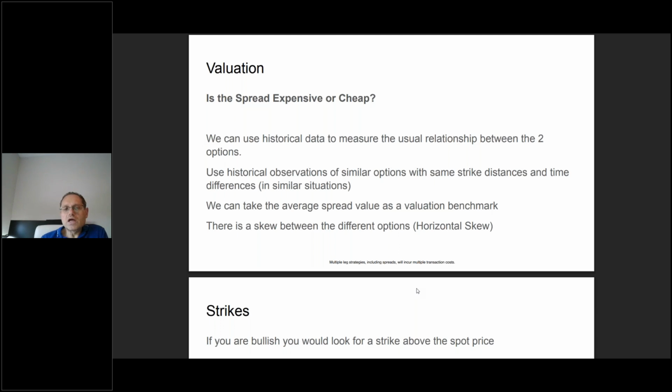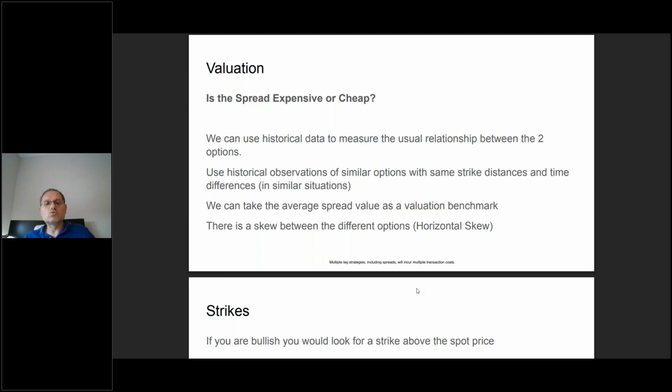So to help us with that, we could look at the historical observations for similar options. Let's say we have an option 15 days to go and 30 days to go, right? So we could look at that similar situation and see what the implied volatility looks like for those options, and what is the usual difference between them.